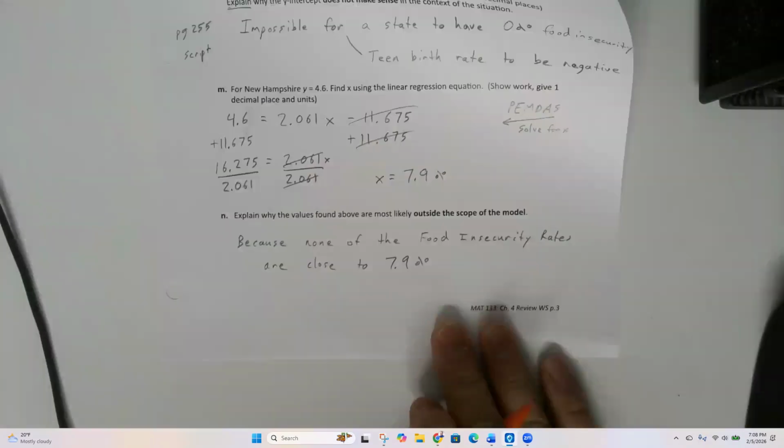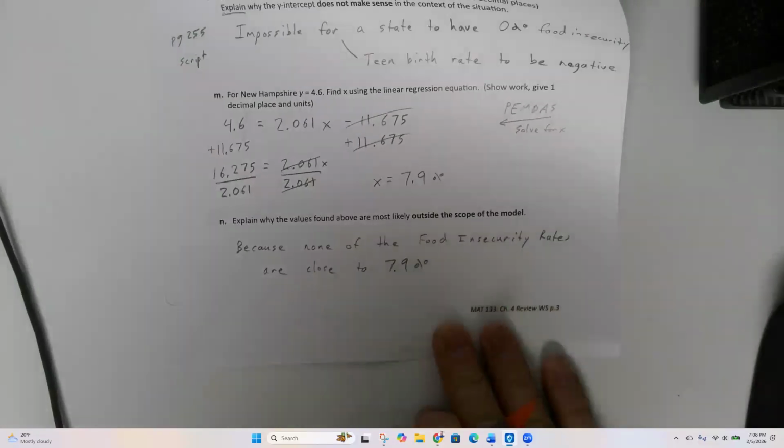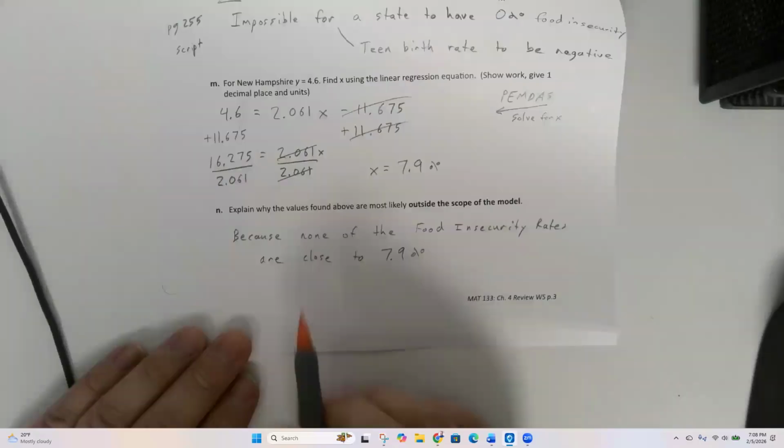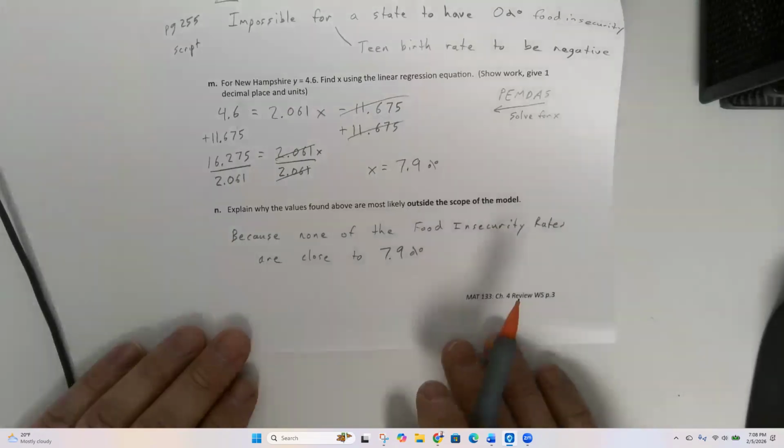Okay. Or you could have said 7.9% food insecurity rate is much lower than for the other states.